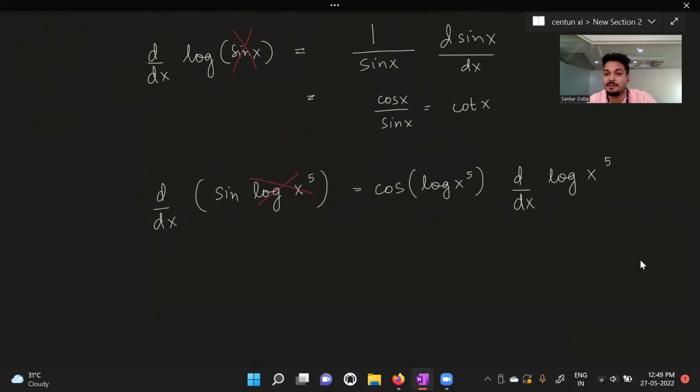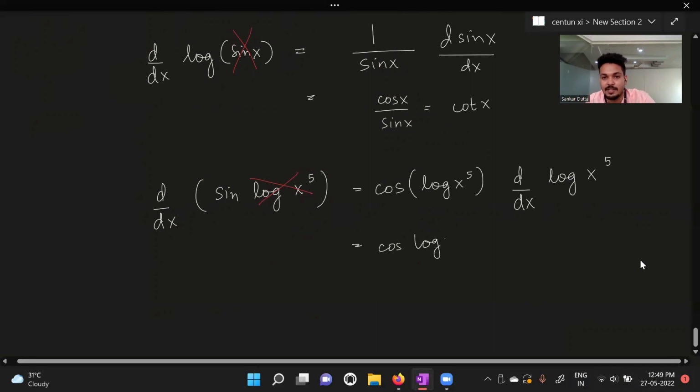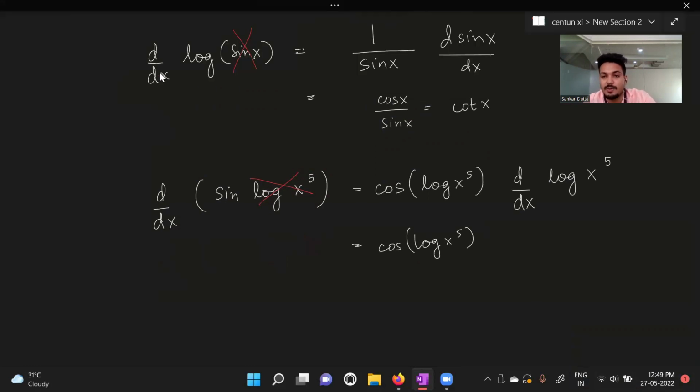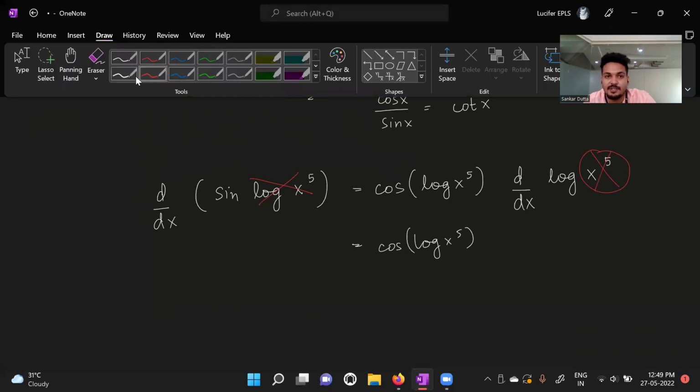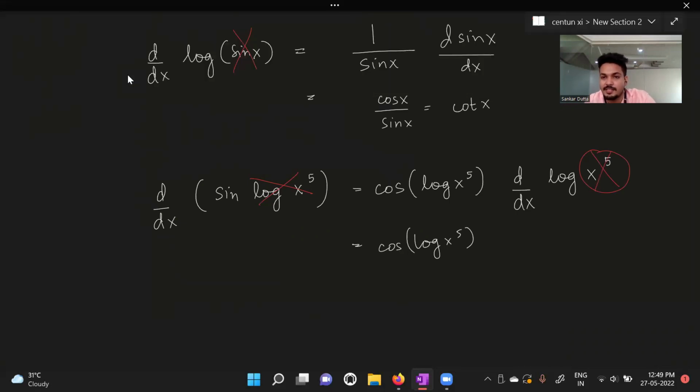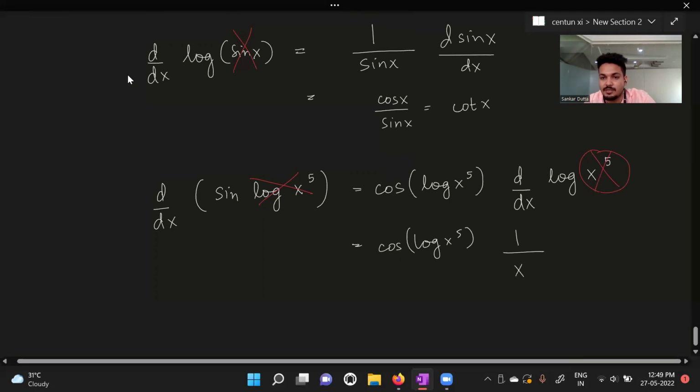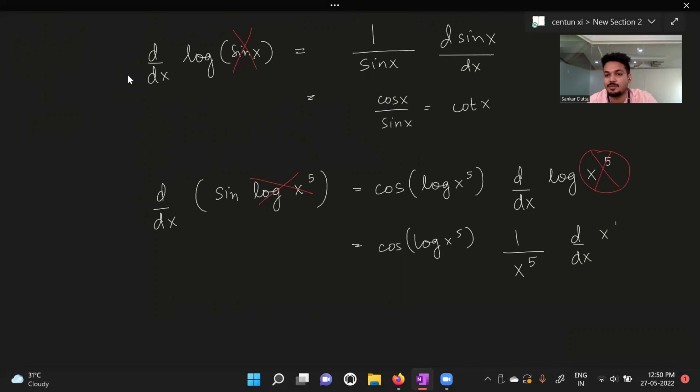So this is an example where I'm using chain rule 2 times in a single question. So this one will stay here only, cos of log of x raised to power 5, right? How will I do this? I'll consider x raised to power 5 as a huge x again. Then differentiate log x, which is 1 upon x raised to power 5, but compensate again by doing d by dx of x raised to power 5.